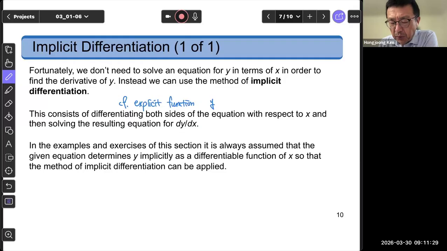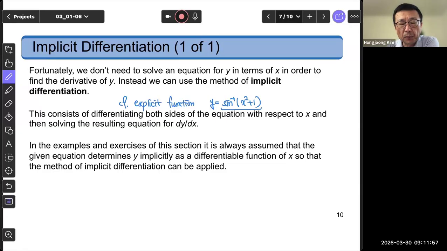So some explicit representation, say y is the arcsine of x squared plus 1, something like this. On the right hand side, we have a pure expression in the x variable. So when y is given in that way, we say y is an explicit function of x.